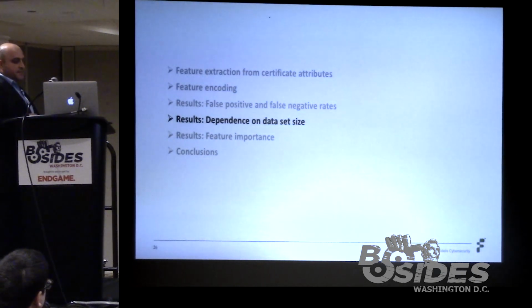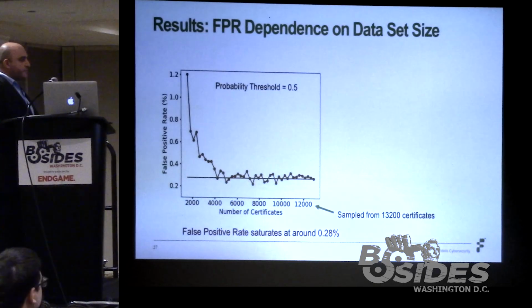So now, how do these results depend on the data set size? Why do we look at that? Because as I mentioned, the number of malicious certs that we have is an issue. We're bottlenecked on that. We want to make sure that this doesn't hurt us.